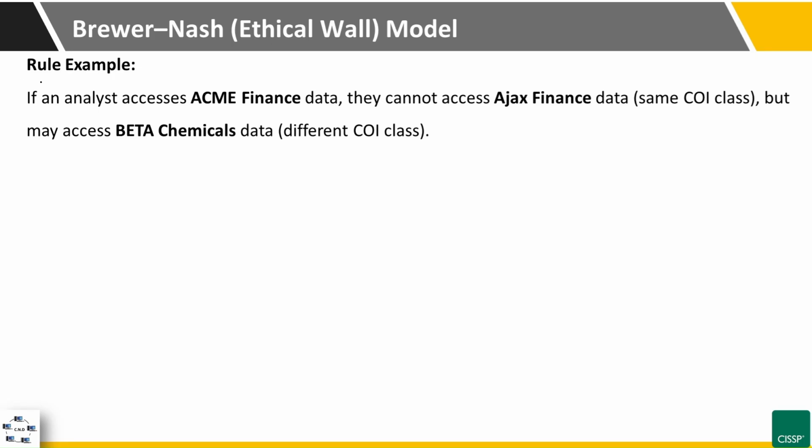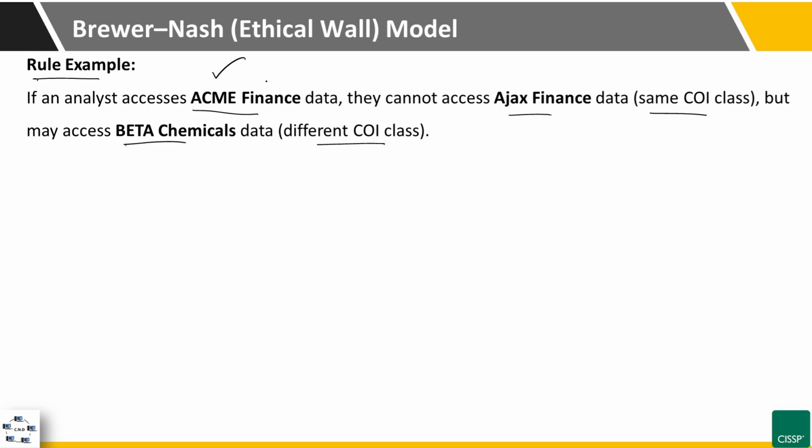So let's go through an example of this rule. For example, if an analyst accesses Acme Finance, a fictional company, they cannot access Ajax Finance data because it belongs to the same conflict of interest class, but may access Beta Chemicals data, which is a different class.